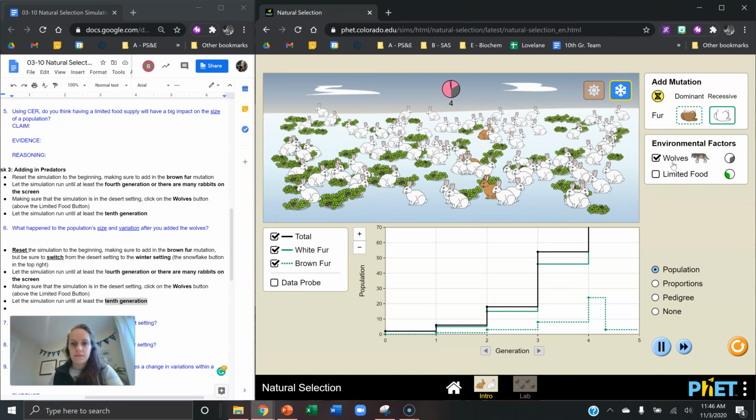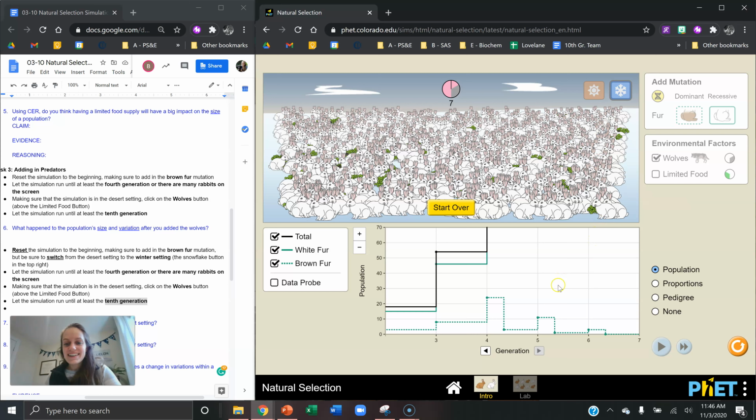Okay, the bunnies have taken over the world, which is fine. That's entertaining. So let's close that down. We didn't quite get to 10 generations, but that's okay.